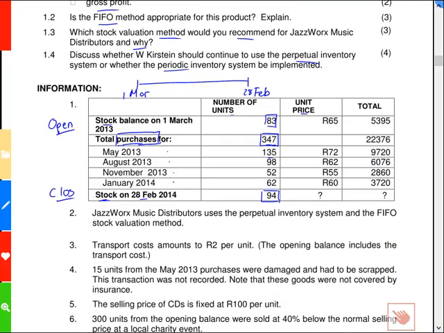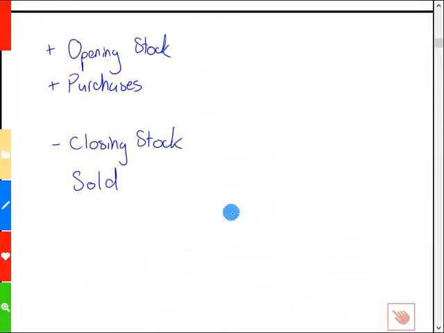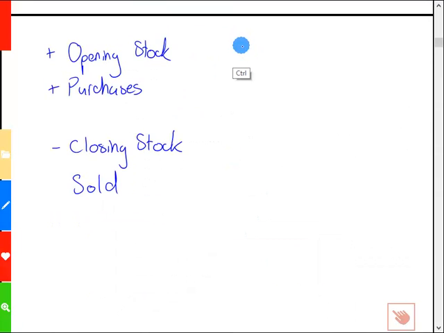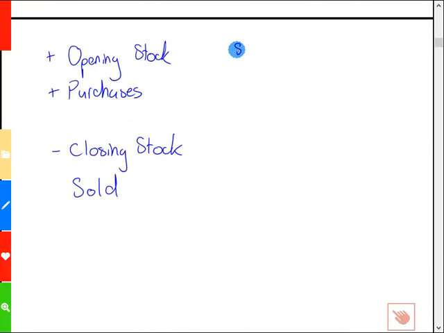But let's get back to our question here. Calculate the closing stock balance on 28 February using the first in, first out method. Right, so this is how we do this. We know that there were 83 units at the start.